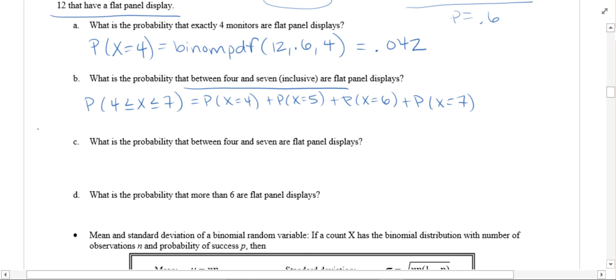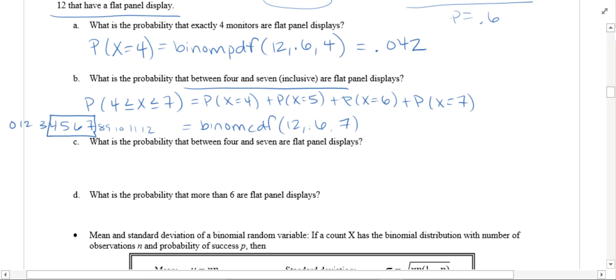So if we're looking at our numbers, our options 0, 1, 2, 3, 4, 5, 6, 7. And we actually go higher because our total is 12. So 8, 9, 10, 11, 12. I want 7 to 4. So one way I can do this is to do binomial CDF, cumulative, 12, 0.6, and I'm going to do 7.